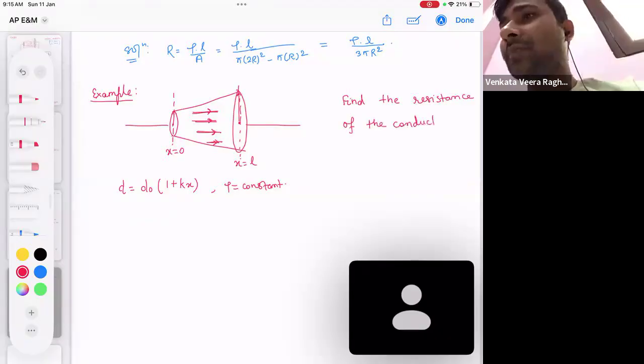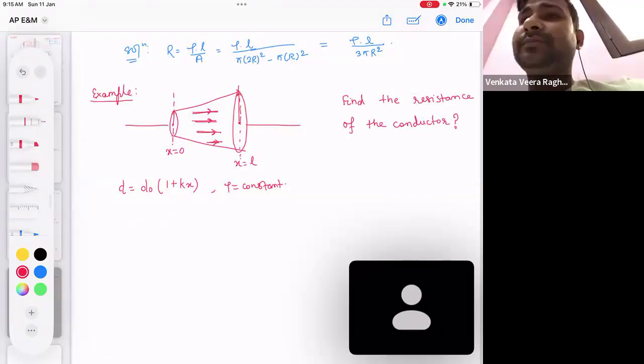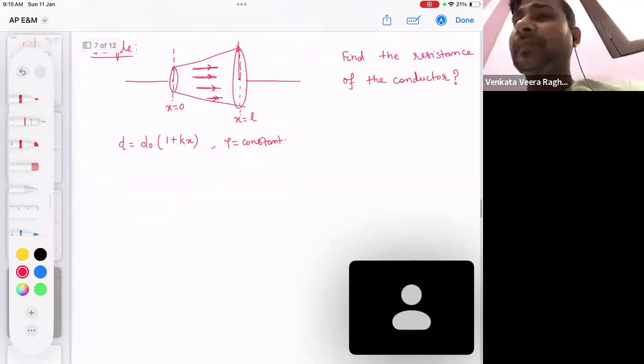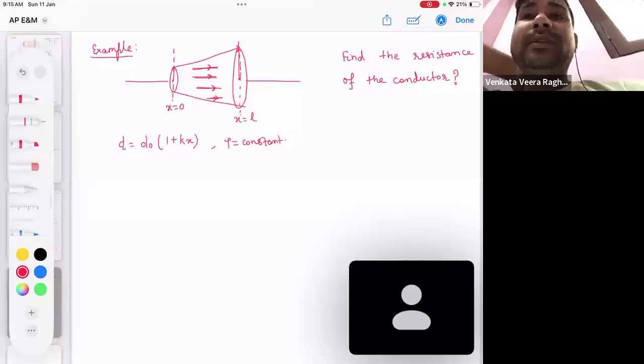So please tell me. Now here, you will find the resistance, isn't it? But you cannot apply directly rho L by A. Why can't we apply rho L by A? Because the problem is the area is continuously changing, isn't it? Area of cross section of this conductor is continuously changing.